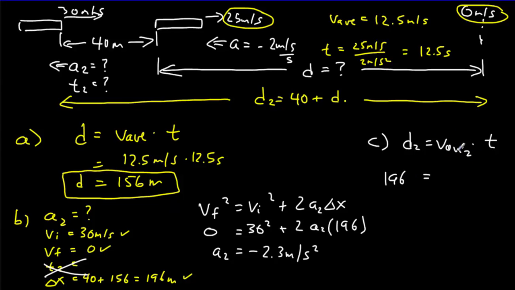V average, well, that's going to be halfway between 30 and 0. Its average speed would be 15 meters per second. And the amount of time to stop, that's what we're looking for. That's the t2. Work that out, and you should get 13.1 seconds. So it's going to take 13.1 seconds for the second car to come to a stop. It, of course, comes to a stop a little after the first car does.